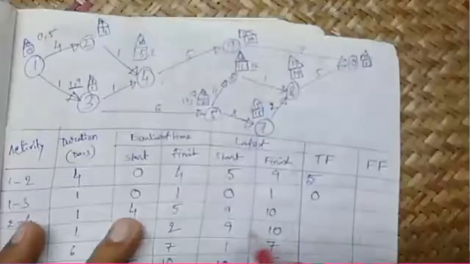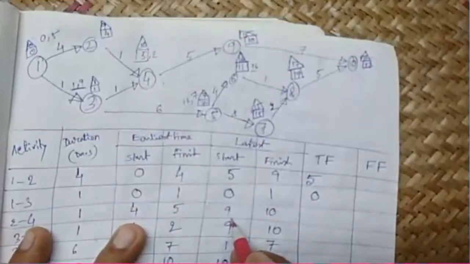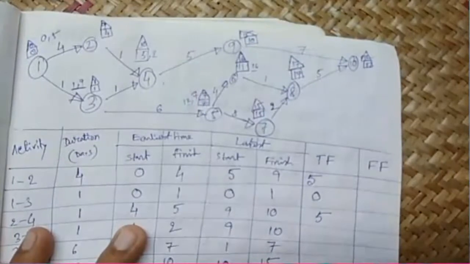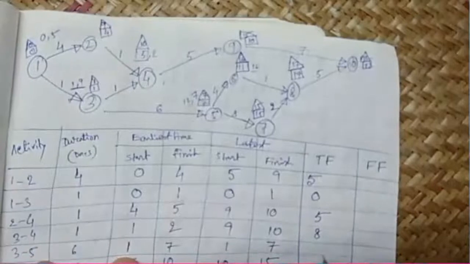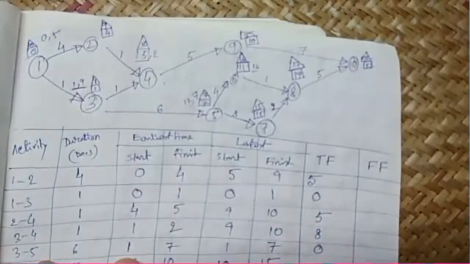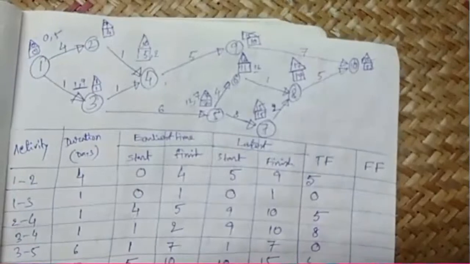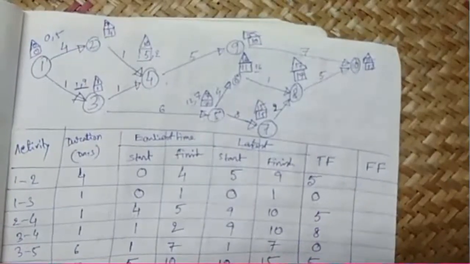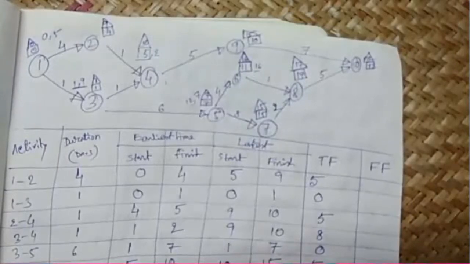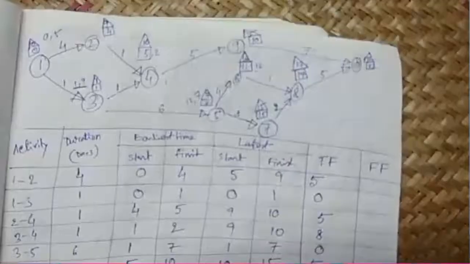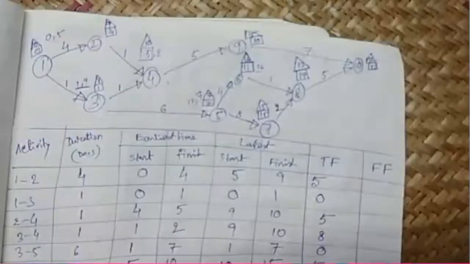Here 0 minus 0 is 0. Here 9 minus 4 is 5. Then 9 minus 1 is 8. 1 minus 1, 0. Then 10 minus 5, 5. 12 minus 7, 5. 7 minus 7, 0. And 16 minus 11 is 5. 15 minus 15 is 0. 17 minus 17 is 0. 15 minus 10 is 5.